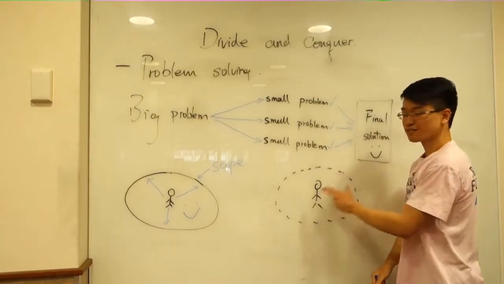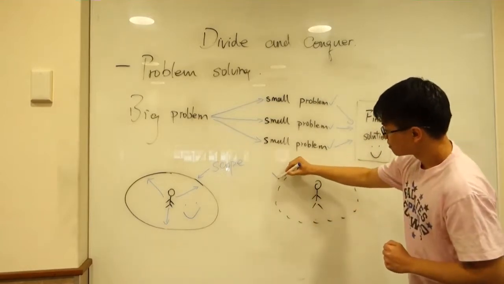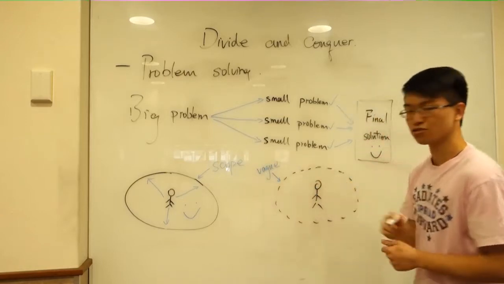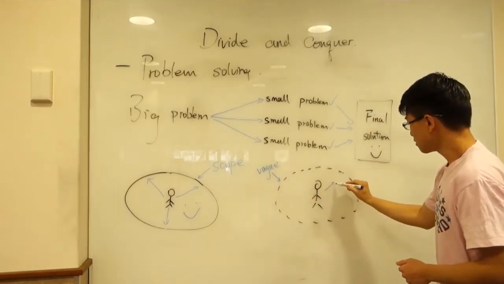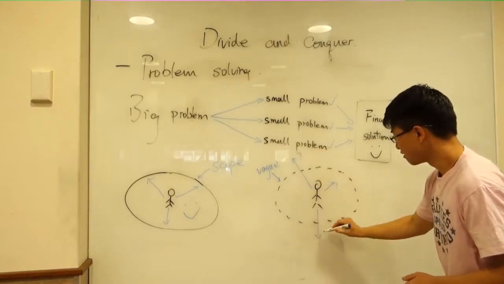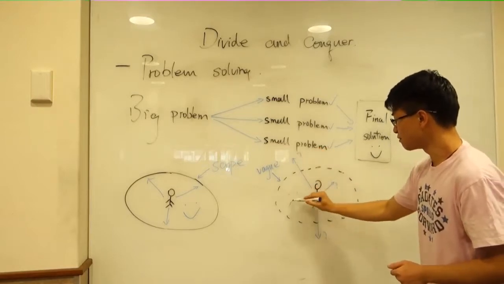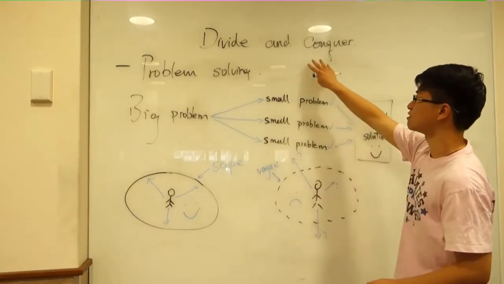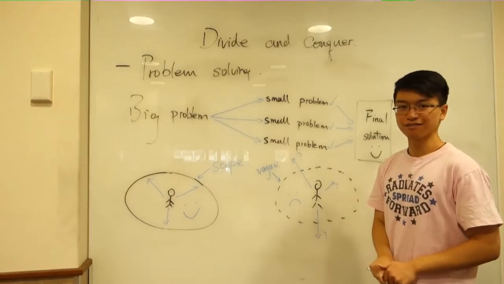But considering this case, the scope is vague, or sometimes it's just too big. We don't know where to stop. We don't know the full picture of the problem. Therefore, we cannot solve it by just looking at the problem. We have to go through this divide and conquer method.